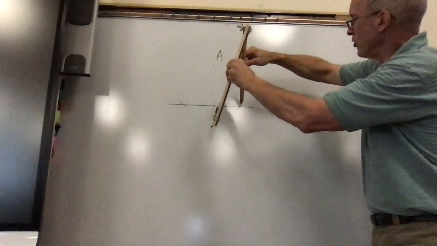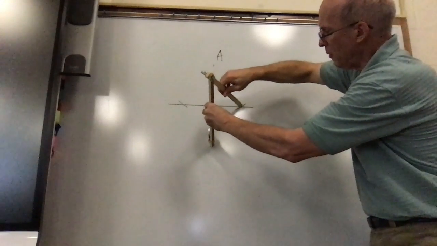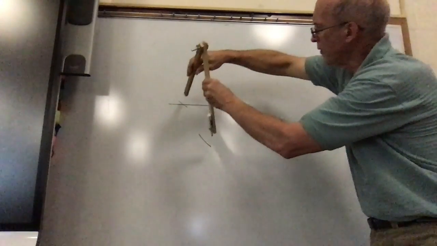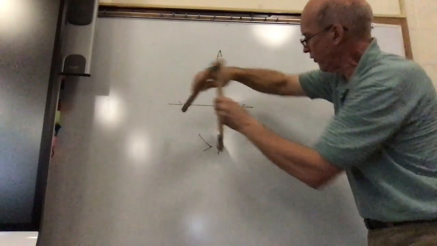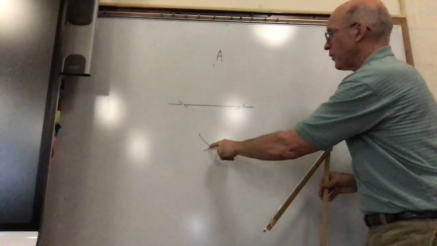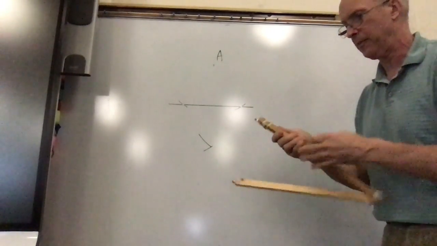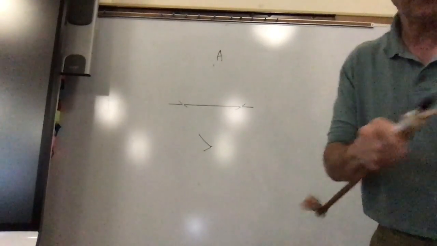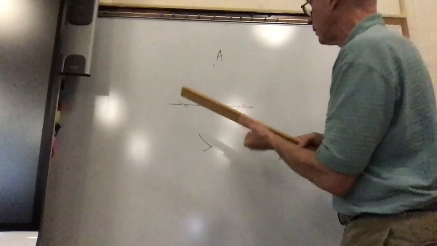Then just move this to one of those 2 points and make an arc kind of like what you did. Make another arc so they cross. At that point where they cross, if we go through that point, it's going to be a perpendicular line. And I'll do that really quick. Try not to drop anything this time.